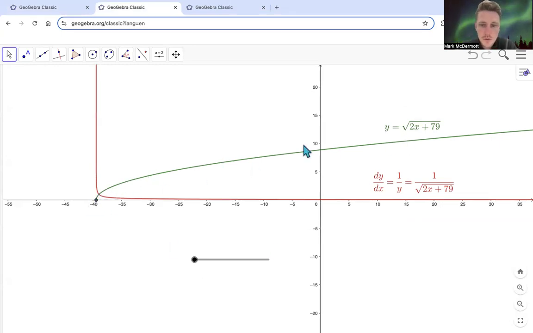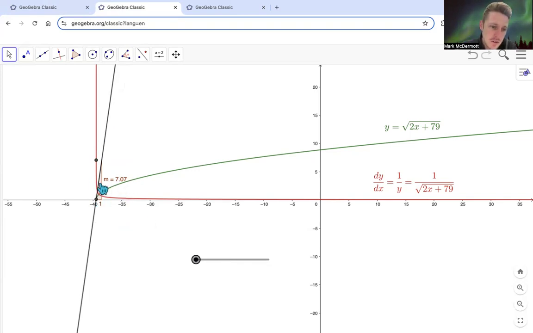We're thinking about the derivative of the green line. You can hopefully see that the green line, if you were to draw tangents, in fact, I can show you the tangents. If you were to draw tangents really close to its endpoint there, you're going to get almost vertical tangents, which is why the derivative asymptotes along negative 39.5.